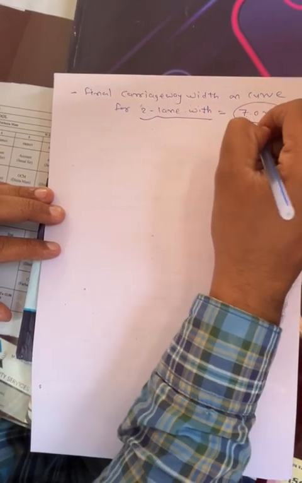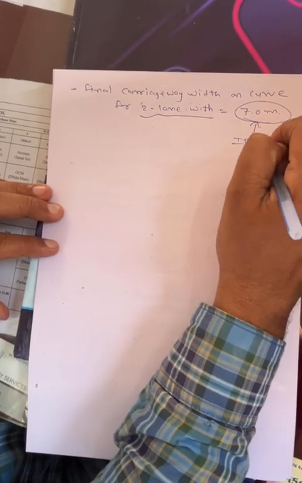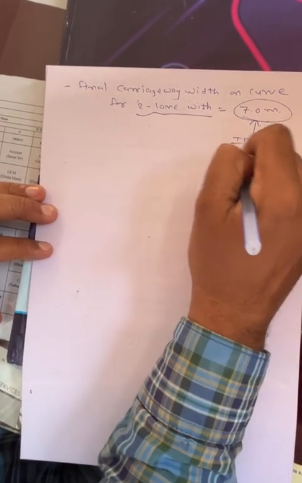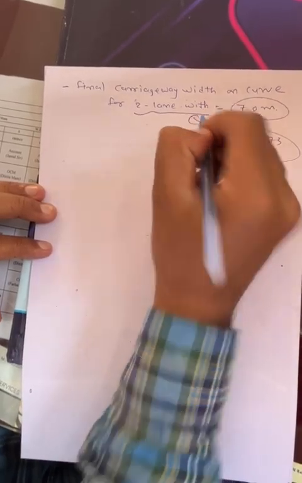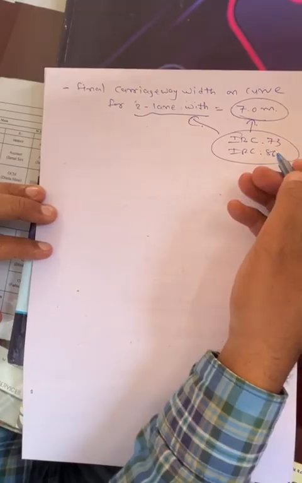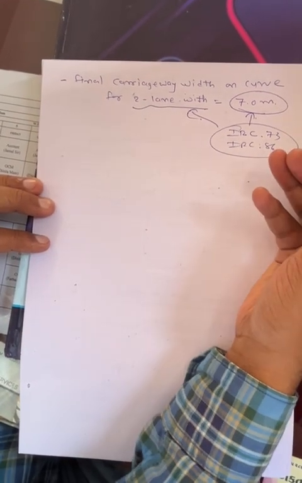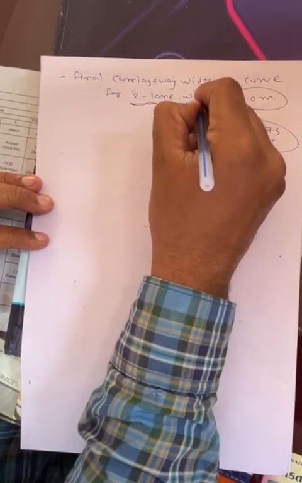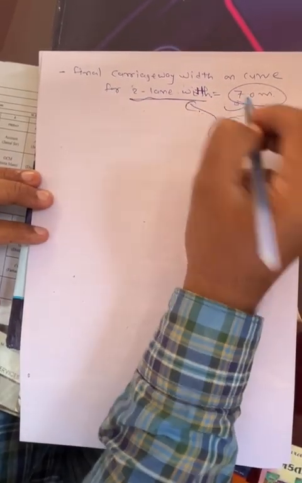So where does this 7 meter come from? This comes from IRC 73, or you can prefer IRC 86. So from this IRC we choose this value. As I also mentioned previously, different IRC codes have different lane widths. So we consider this 7 meter.